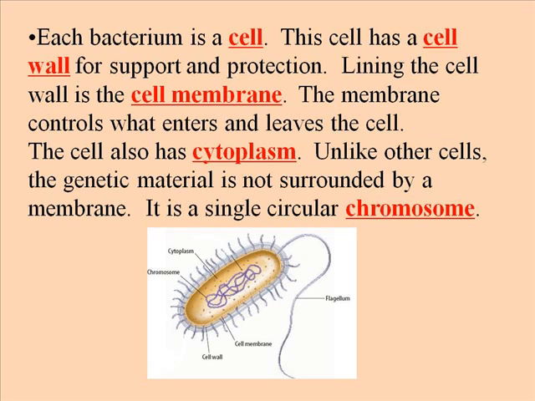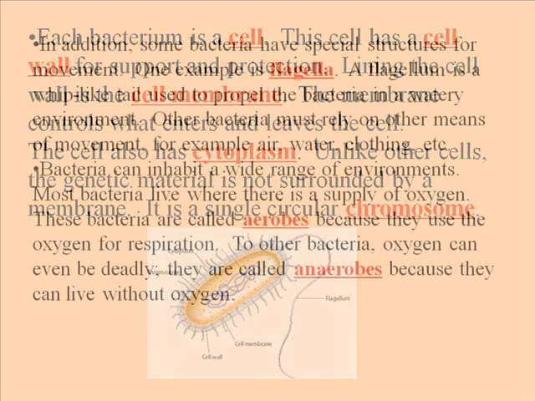It controls what enters and leaves the cell. Inside the cell, you will find cytoplasm. But unlike the animal and plant cells that we studied first 9 weeks, the genetic material in a bacteria is not surrounded by a nucleus. It actually has one single circular chromosome that just floats around inside. You can see the picture of the bacteria at the bottom of the slide.